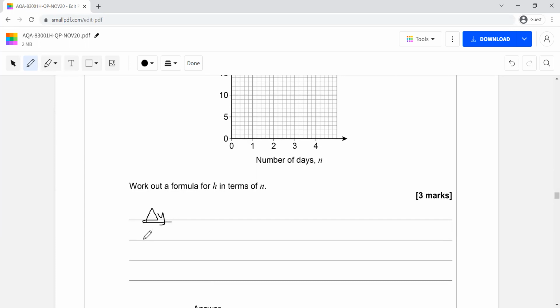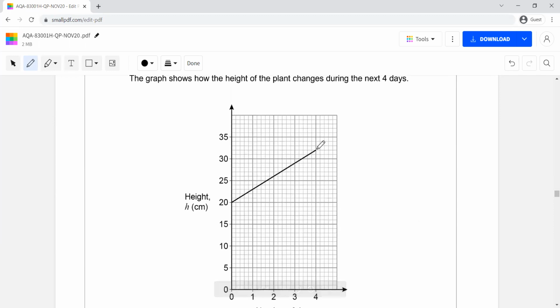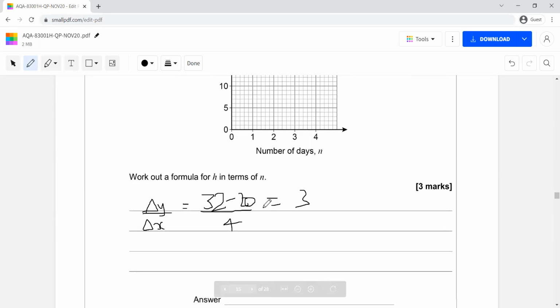So dy over dx. This triangle, by the way, just shows change. So the dx is just 4, and the dy is 32, and it starts off at 20, so 32 minus 20, which is 12, and over 4, so it's 3.